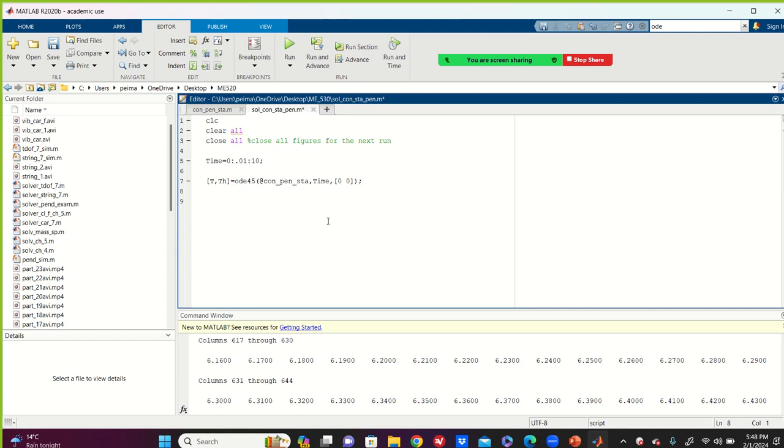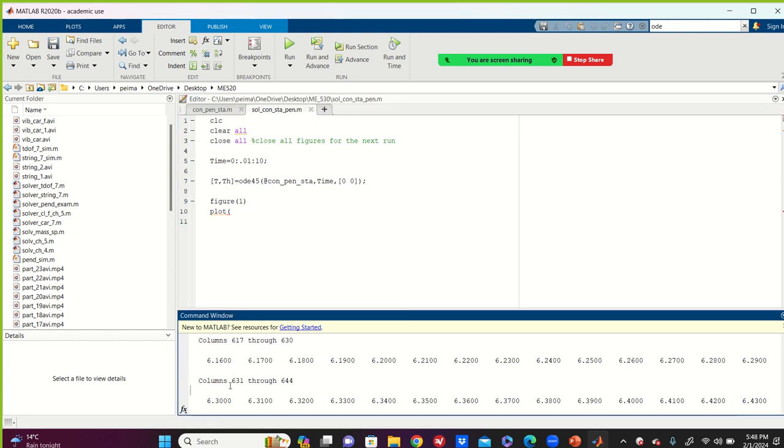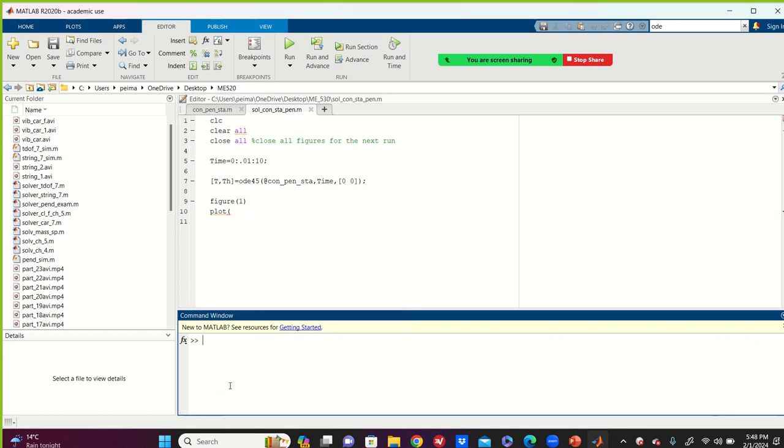Now after this I'm going to say figure 1, plot. Okay guys, look here, all of you. Suppose I have a matrix, because you have to know this as a control engineer: 1, 3, 4, minus 10, 5, 6.